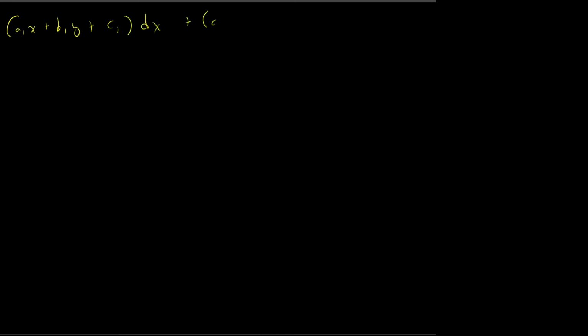And so we basically have two different linear systems around the differentials, where A1, A2, B1, B2, C1, C2 are constants. So we have constant coefficients, linear coefficients.